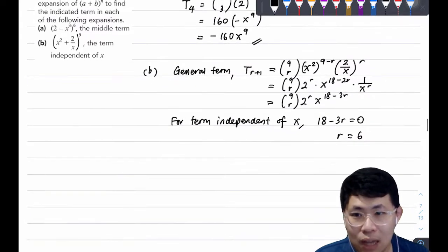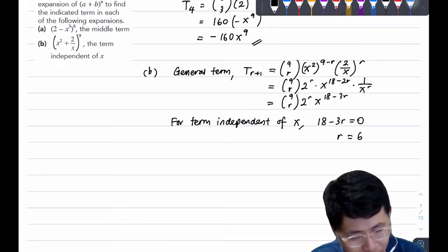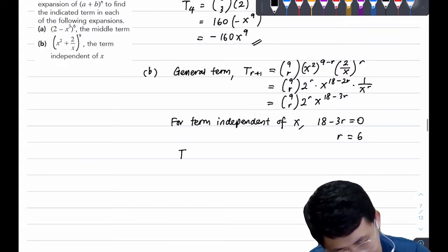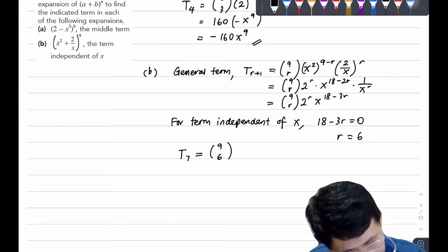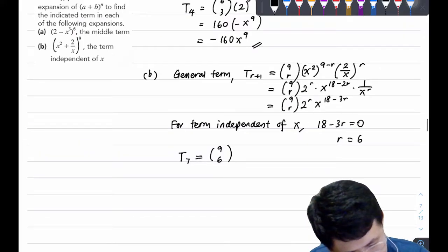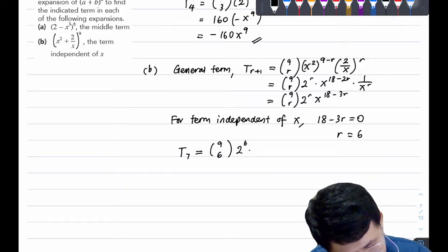Okay, so now we are going to look for the term independent of x, or the constant term. So it means t6 plus 1, so this is going to be t7, then 9 choose r, times 2 to the power of r, times x to the power of 18 minus 3r.